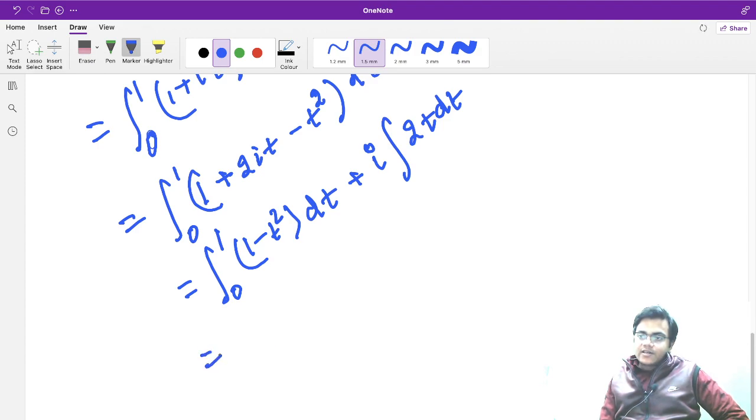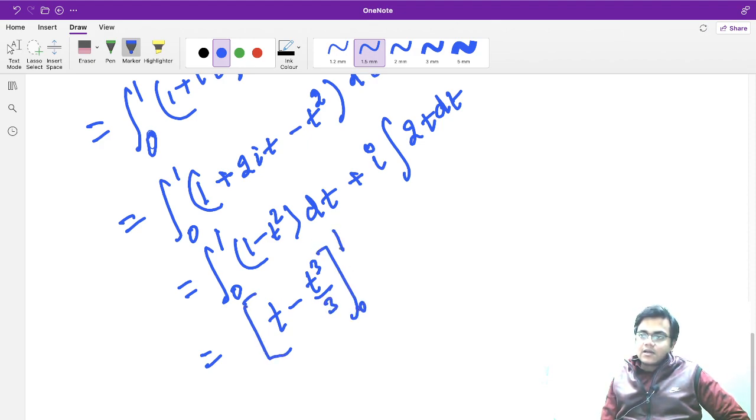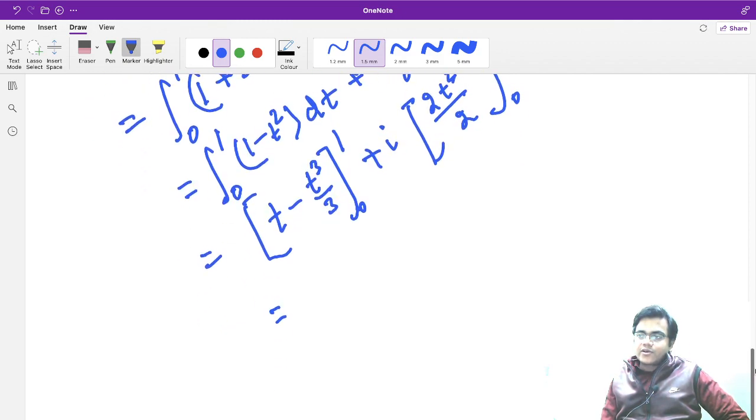Now you have to integrate the real part, which is t minus t cube by 3 from 0 to 1, and plus iota into 2t square by 2 from 0 to 1. So finally what are you going to get?